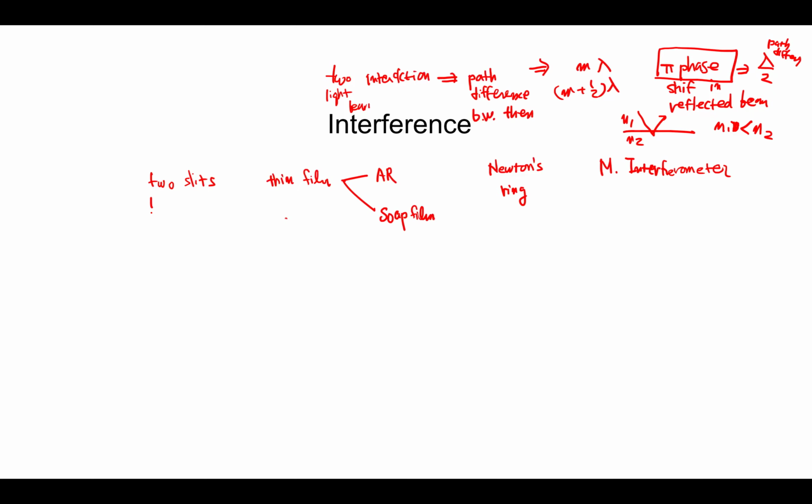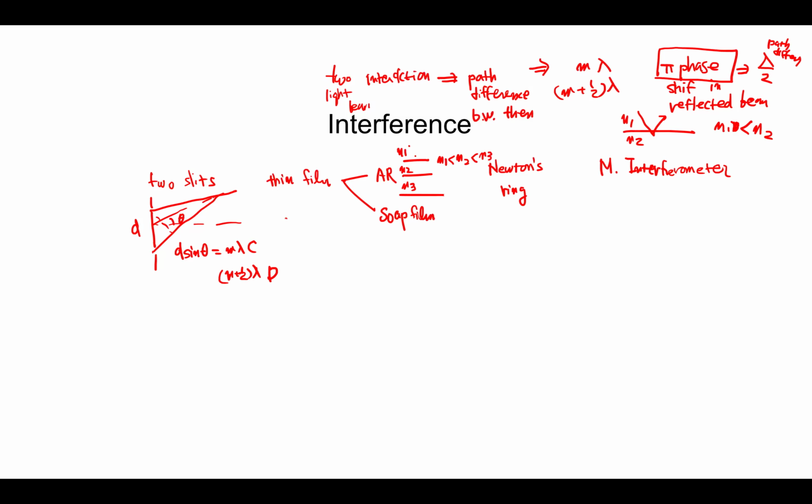In the two slit, obviously, the d sine theta is m lambda for constructive and m plus half lambda for destructive. AR coating and soap film have different structures, such as N1, N2, N3, such that N1 is smaller than N2, and then N2 is smaller than N3.